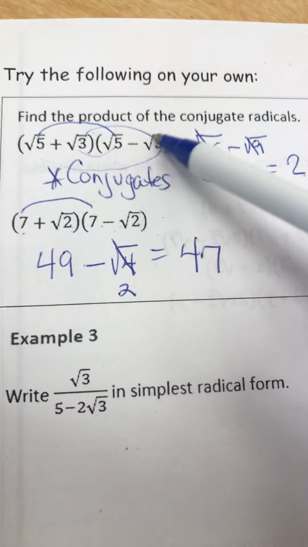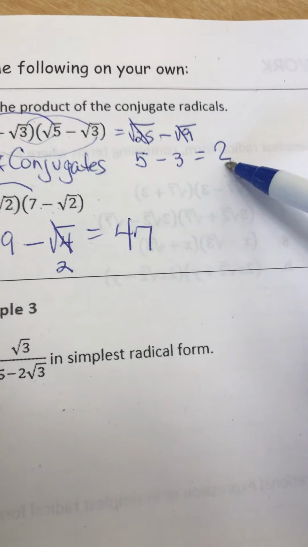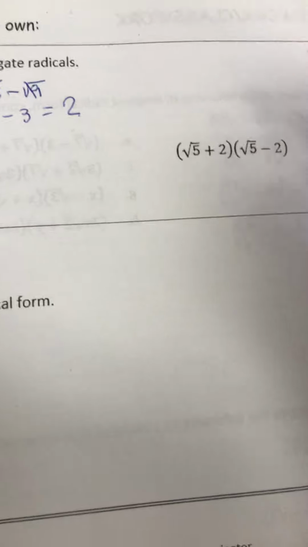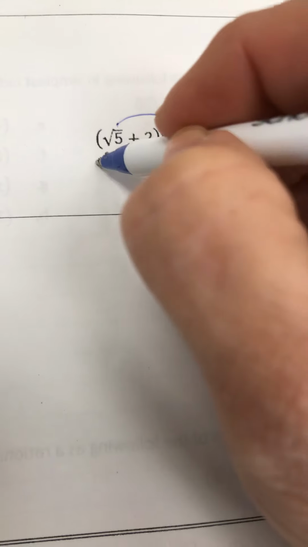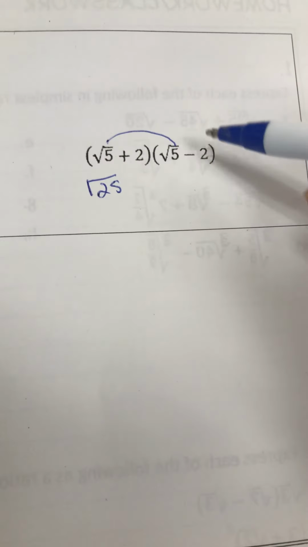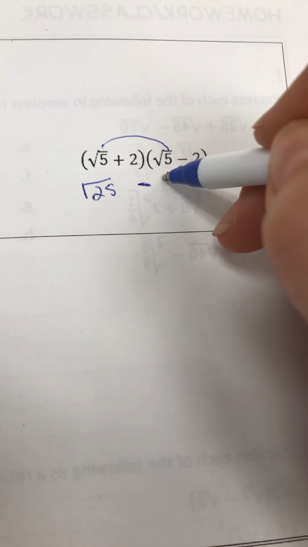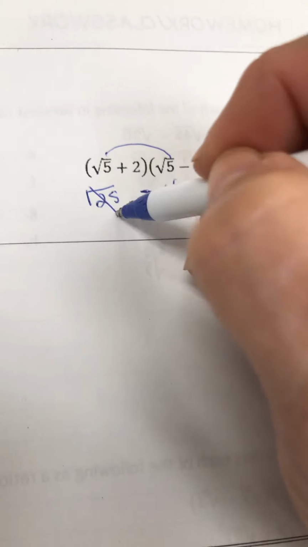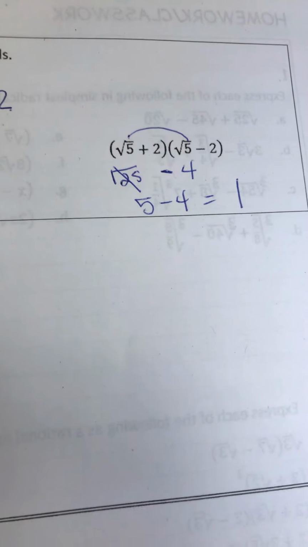So all these ugly irrational numbers, if you type this into the calculator, you'll get the whole number 2. Okay, and the last one, we do see a radical times a radical, which is rad 25. I see a sum, a difference, so multiplying is negative, and 2 times 2 is 4. So this gives me 5 minus 4. Again, I get the rational number 1.